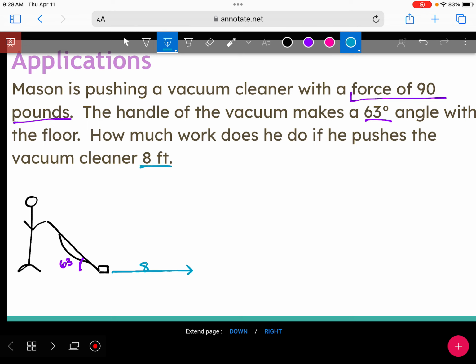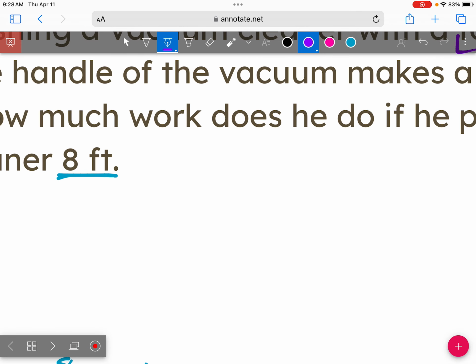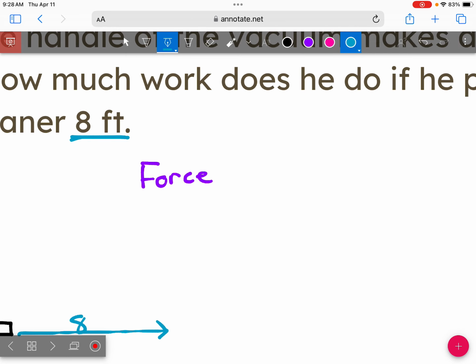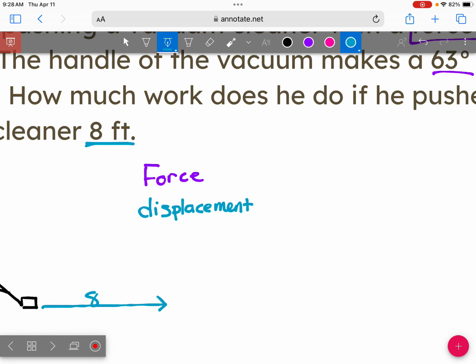So we're going to have two different vectors here. We're going to have a force vector, and we're going to have the displacement, which is how much it moves. We're going to set these up very similar to the bearing problems, where we have our magnitude cosine angle, magnitude sine angle for our x and our y.